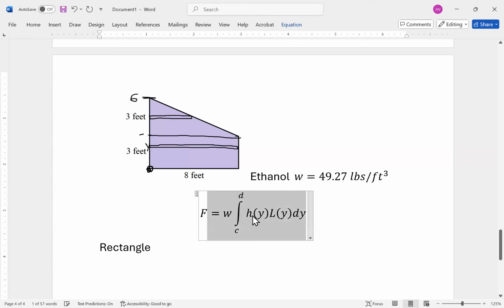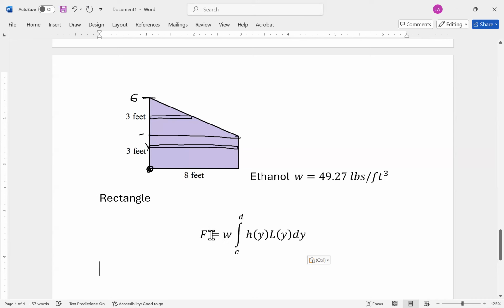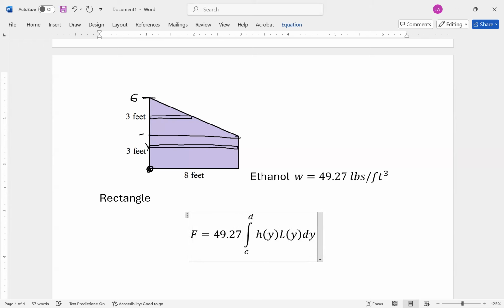Rectangle fluid force. Let me just copy and paste this. Weight density, 49.27. We're going to integrate from 0 to 3. The depth of that arbitrary rectangle is 6 down to arbitrary y, and then the length goes from x equals 8 to x equals 0.